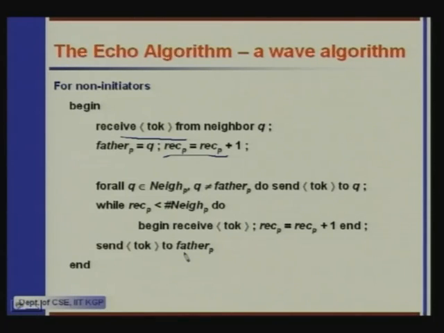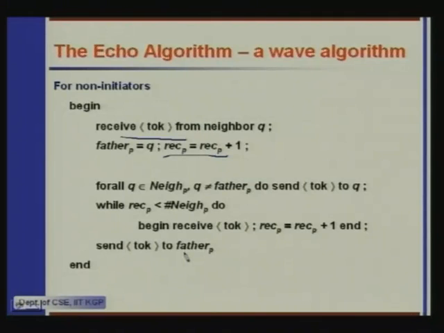Now, tell me, how is this guaranteed to reach all processes? Neighbors send it to their neighbors, they send it to their neighbors and so on. So, it propagates to all nodes. If the network is connected, it will reach all reachable processes.